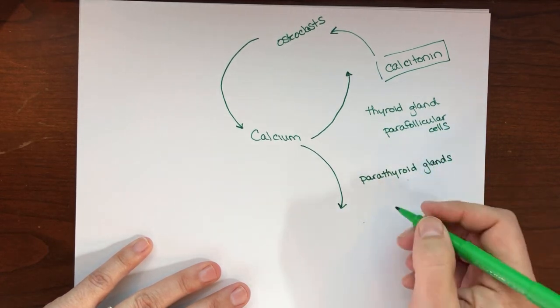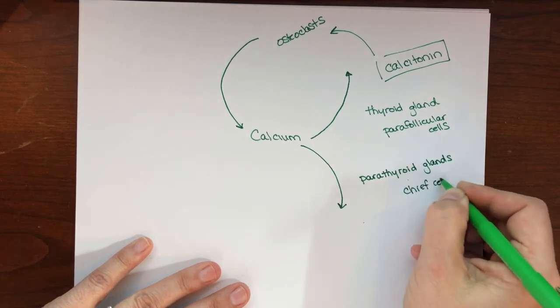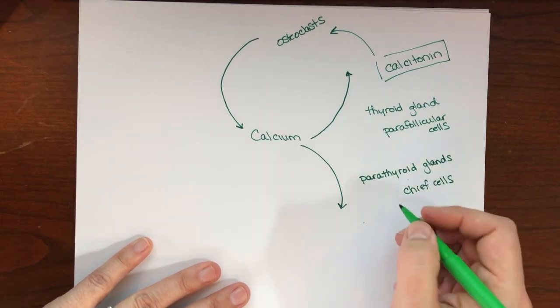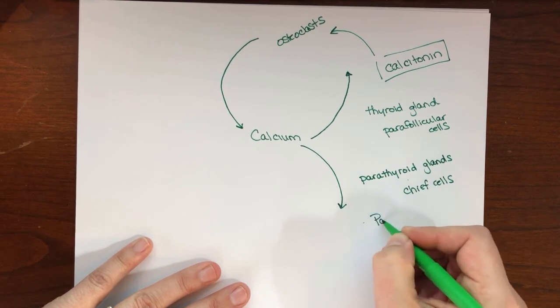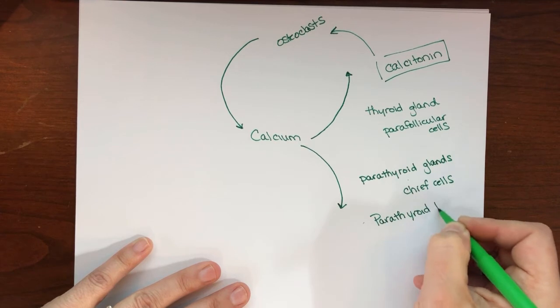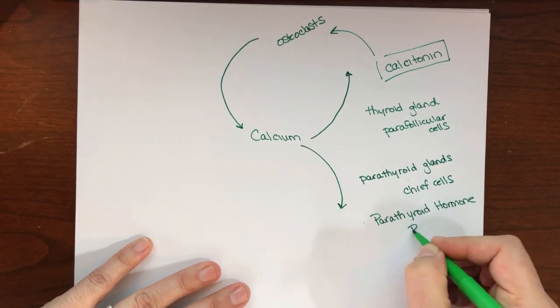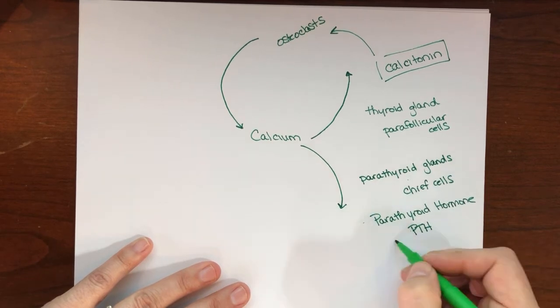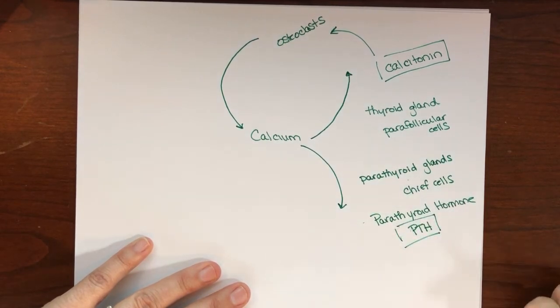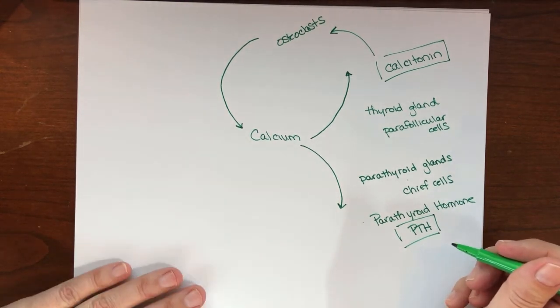There are cells on the parathyroid gland called chief cells, and they're going to produce the hormone parathyroid hormone. This is often written as PTH because parathyroid hormone is long. So parathyroid hormone has a lot of different activities.